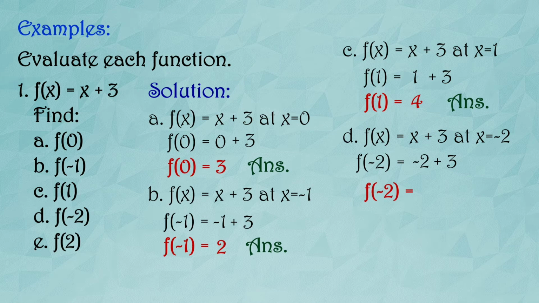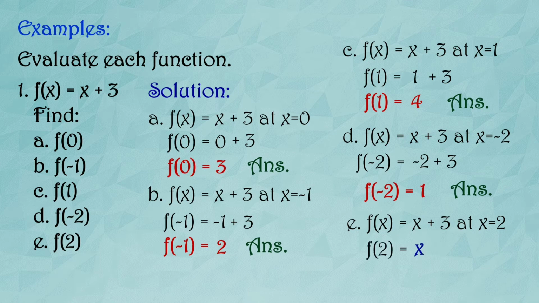So, the value of our function at x equals negative 2 is 1. And letter E, f of x equals x plus 3 at x equals 2. We replace x with 2 again. So, 2 plus 3 equals 5. The value of our function at 2 is 5.